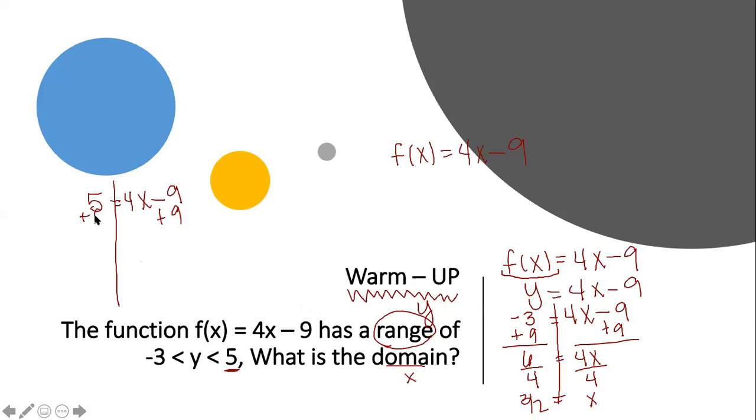Add 9 to both sides. 14 equals 4x. Divide both sides by 4. x equals 7/2, or 3.5. So my domain will be 3/2 is less than x is less than 7/2. So we just matched up the x values that went with each of these y values to get our domain.